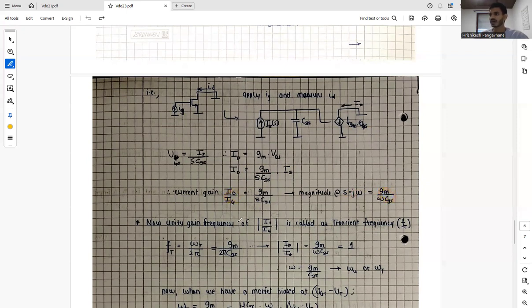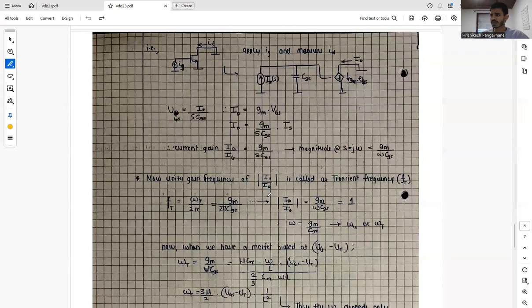Now, if we want to see our unity gain frequency, it is the value of omega where the magnitude is 1, which is also called the transit frequency. It is given by omega t by 2 pi, which is gm by 2 pi CGS. At unity gain frequency the magnitude is 1, so gm by omega CGS is 1. So the omega at which we get unity gain is gm by CGS.